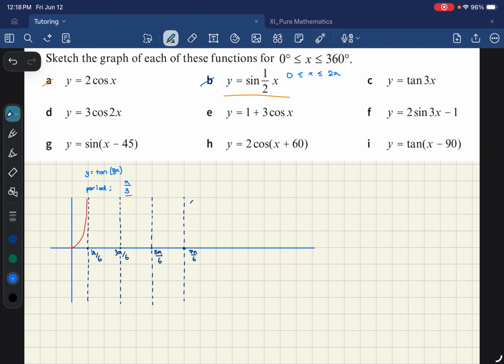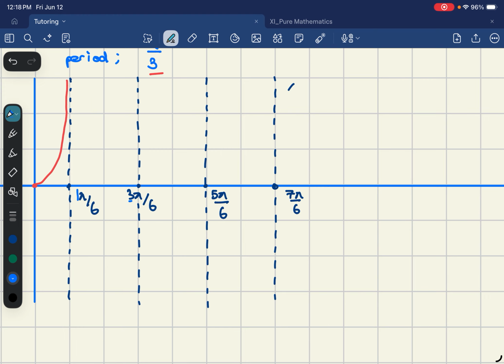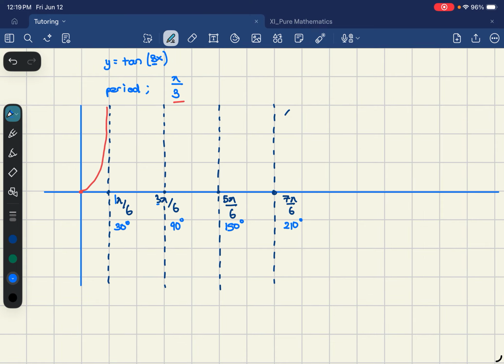That is also okay. Usually if they give you in degrees, it's expected that you plot in degrees, but I'm going to do it in radians. And you can always just convert these values. Pi over 6 is 30 degrees, 3 pi over 6 is 90, this is 90 plus 60 is 150, this is 210 degrees, and so on.